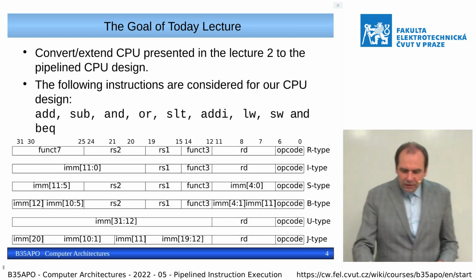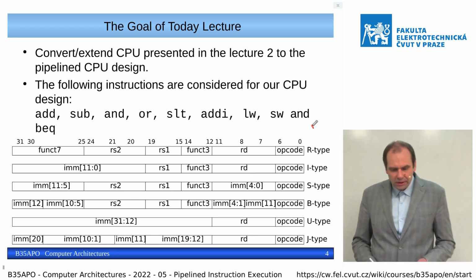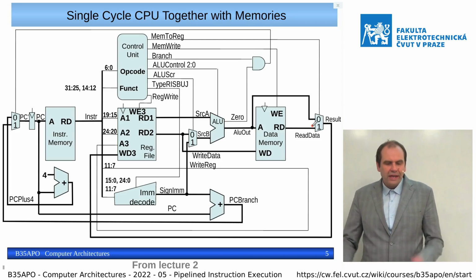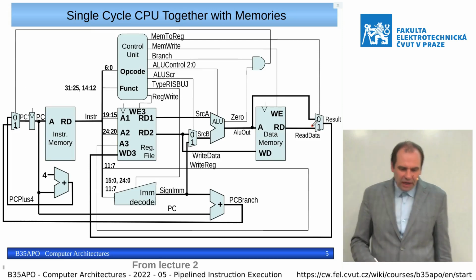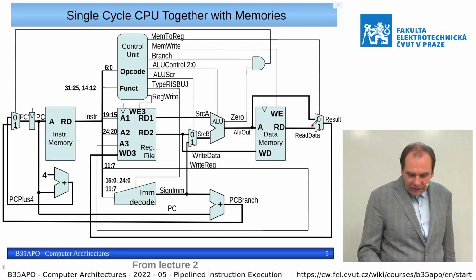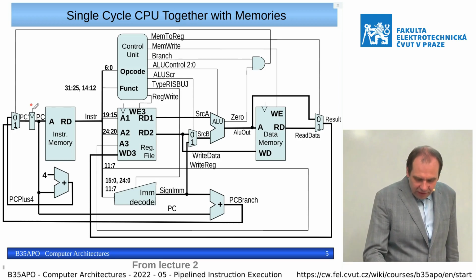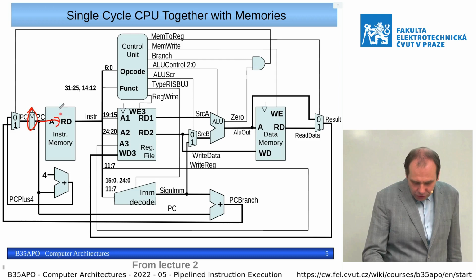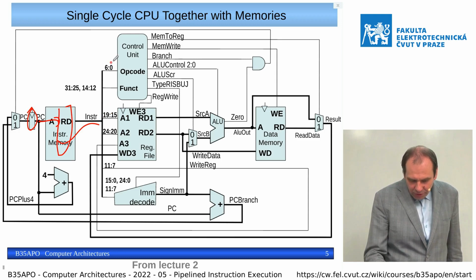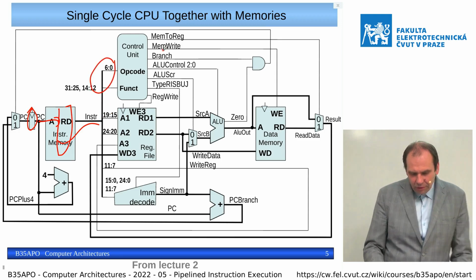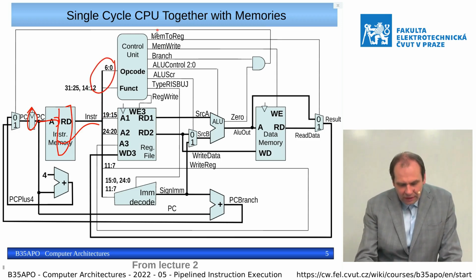And now we want to make this CPU a little faster. So again, we return back. There is our CPU. We have already seen that we have the program counter. It chooses a location in the memory. There we read the instruction. The instruction provides the information about which operation should be processed to the control unit.